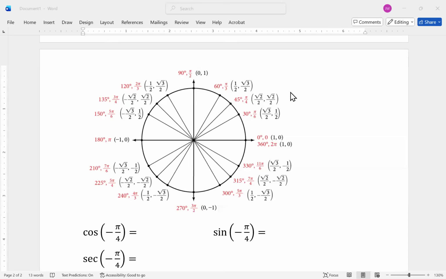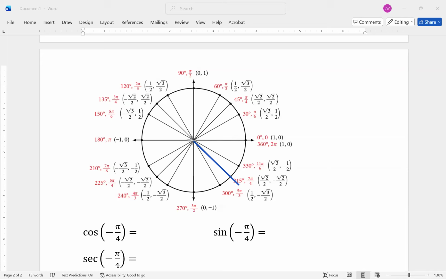All right, so let's do those calculations based on this diagram. The first thing I want to state is that if we're talking about angle negative pi over 4, we're traveling in the clockwise direction, pi over 4 units. That's going to bring us to this spot. That's also the angle 7 pi over 4.